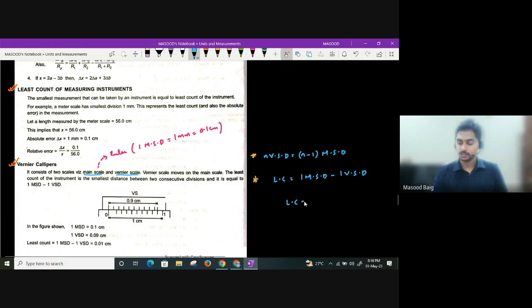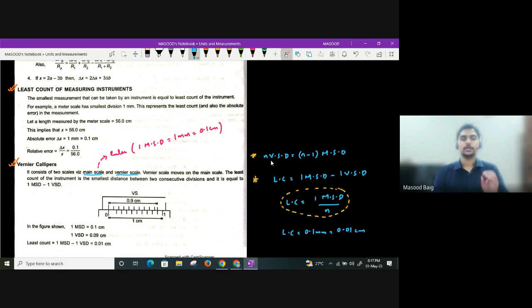I can also write least count as 1 main scale division divided by the number of divisions on the vernier scale. Usually you will have 10 divisions on the vernier scale and one main scale division will be 1 mm. So least count for a normal vernier caliper will be 0.1 mm or 0.01 centimeters.